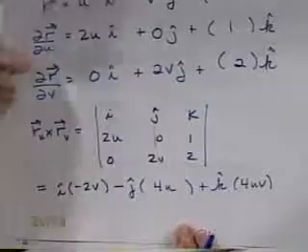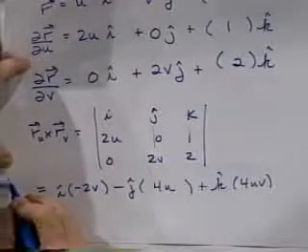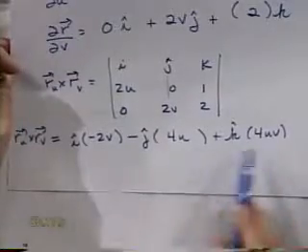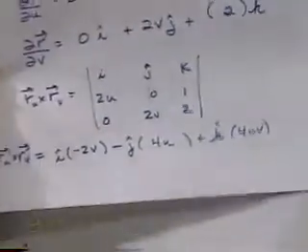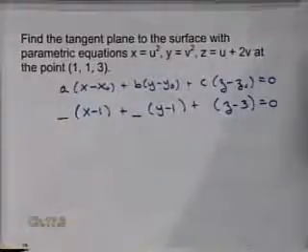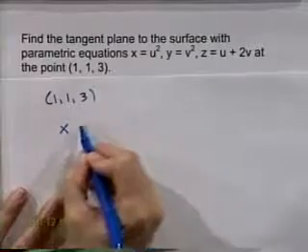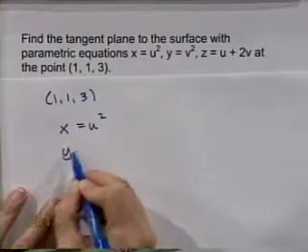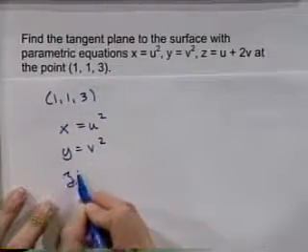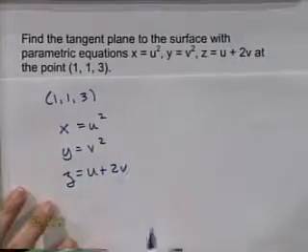All right, now the problem is, don't be plugging this in because we got all these u's and v's. We got to find, to get the point 1, 1, 3, what do u and v have to be to generate that point?